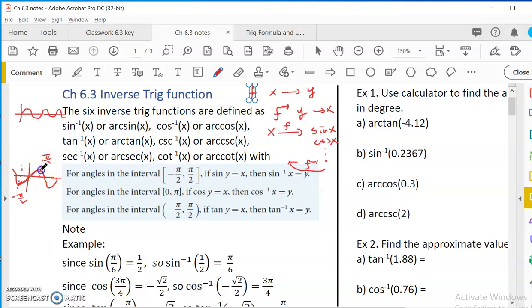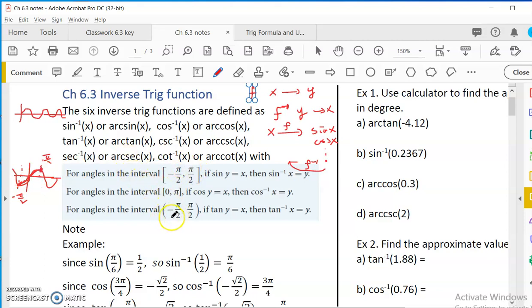If you remember how to graph the sine function, it repeats on this side, so we just pick negative pi over 2 to positive pi over 2. Why pick this? It includes all the outputs from -1 to 1. So the input for the inverse function would be from -1 to 1, and the output would be negative pi over 2 to pi over 2.